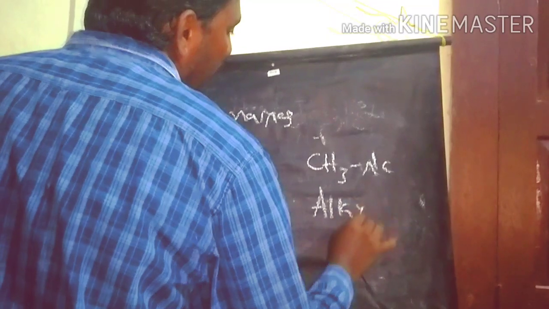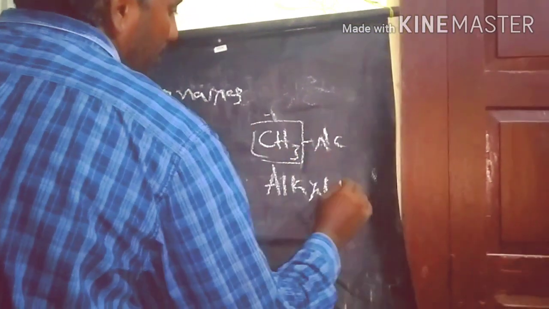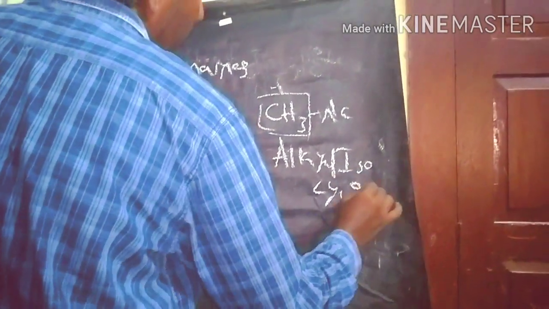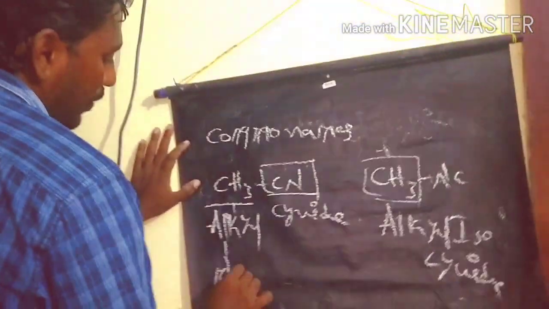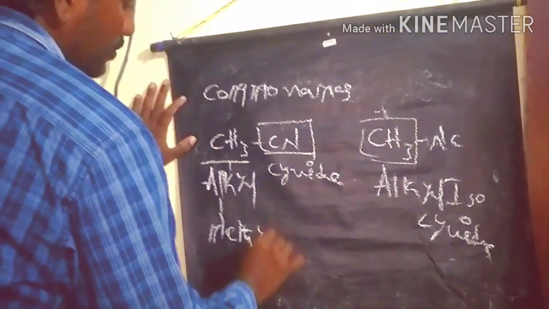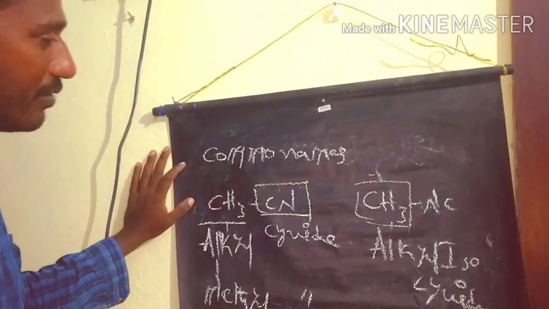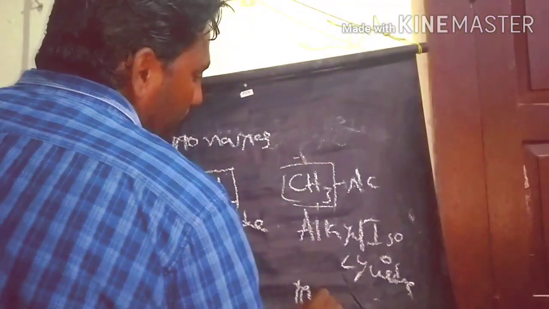For example, if the methyl group is present here, we call it methyl cyanide. Here also, with the methyl group in place of R, we call it methyl isocyanate.